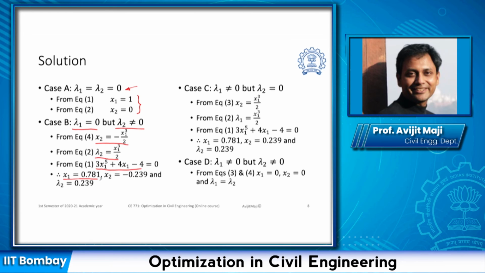If we replace the x1 value here, we can obtain my x2 value as this, which is negative 0.239, and once we get this, as we replace the value into this one, we obtain the lambda 2 value as 0.239, which indicates that the lambda value is more than 0.